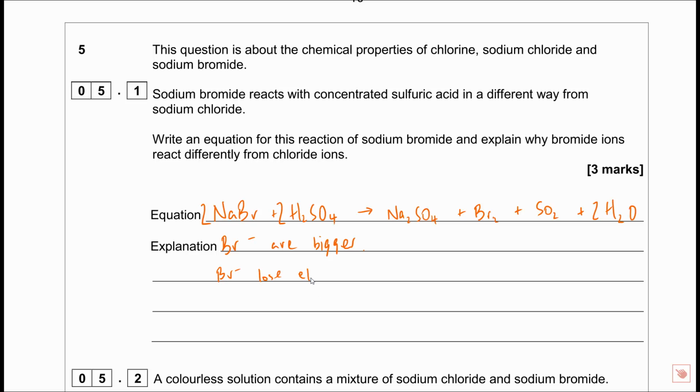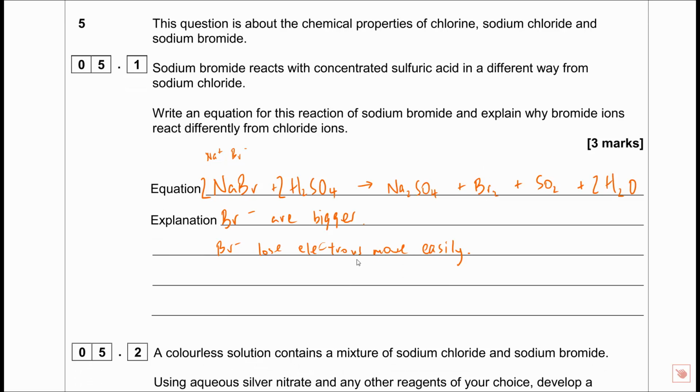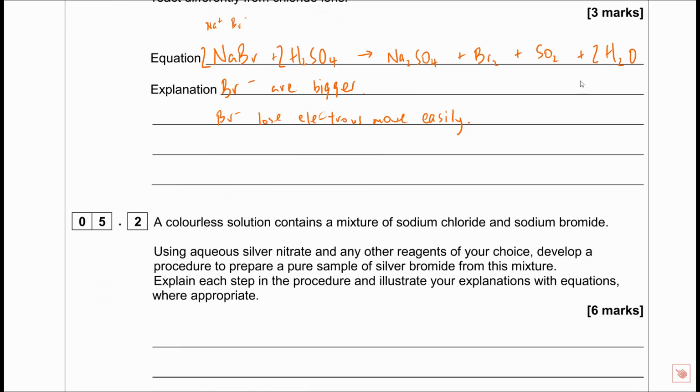Lose electrons or are oxidized more easily. So bromide ions are bigger, and therefore they lose electrons more easily, which is great. And obviously these bromide ions are the ones in here. We've got this Na plus and the Br minus there. So the bromide ions are lost more easily to become, in this case, the bromine, because they are bigger. Okay, 3 marks there.